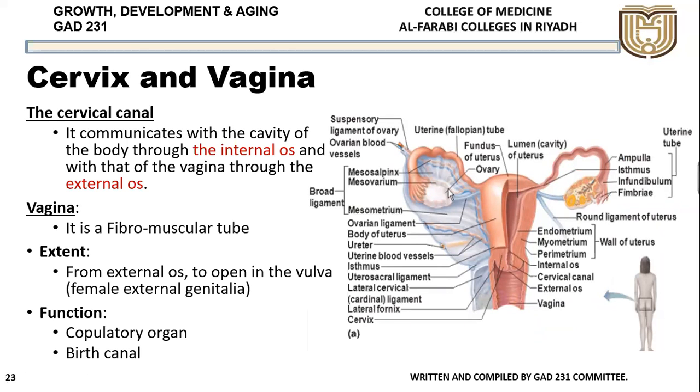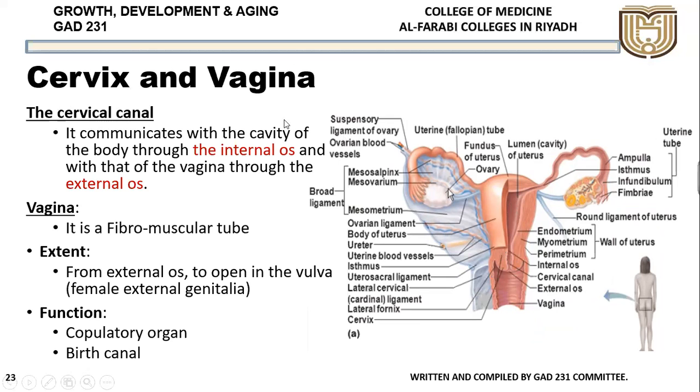Coming to the cervix and vagina. The lowermost part here is the cervix, and this is the vagina. The cavity inside the cervix is called the cervical canal. So this is the uterine cavity, and this is the cervical canal.